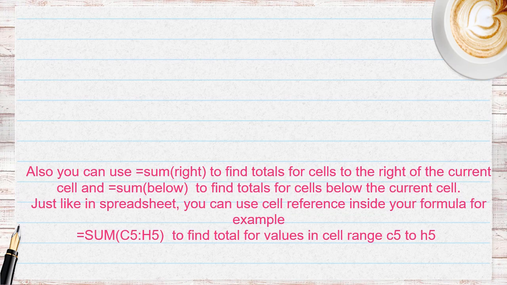Also you can use equals SUM(RIGHT) to find totals for cells to the right of the current cell and equals SUM(BELOW) to find totals for cells below the current cell.